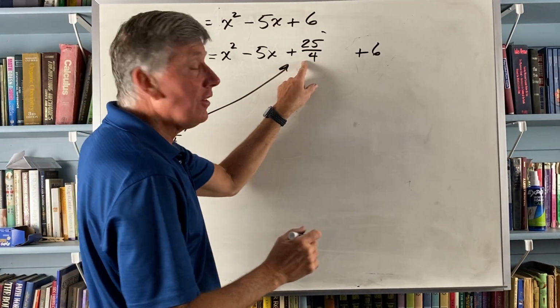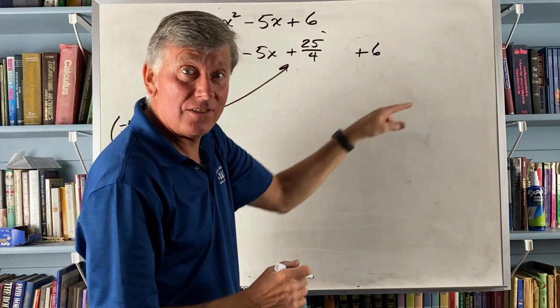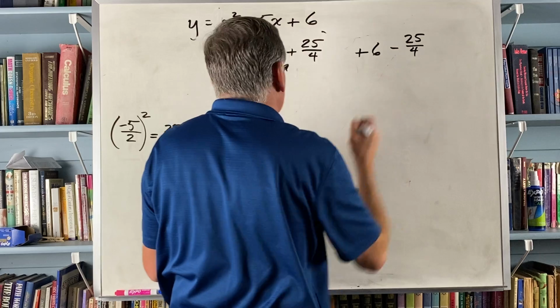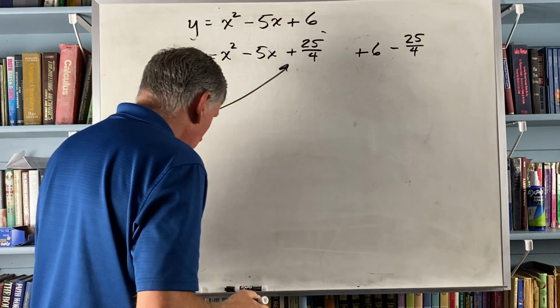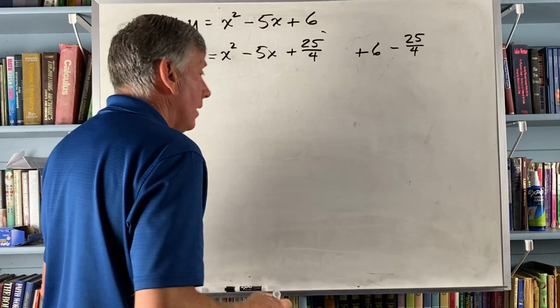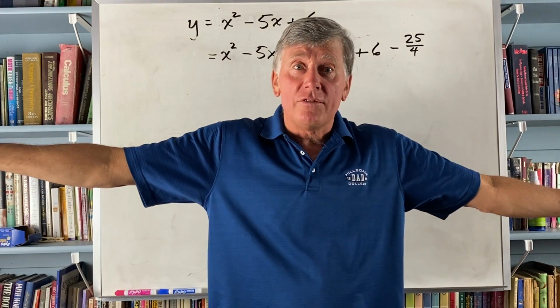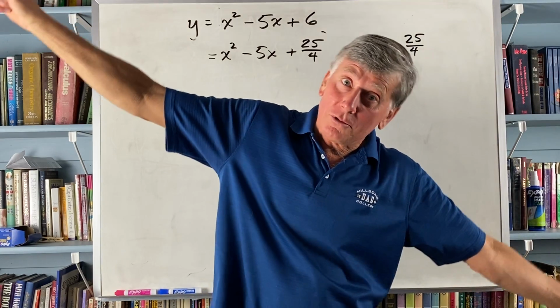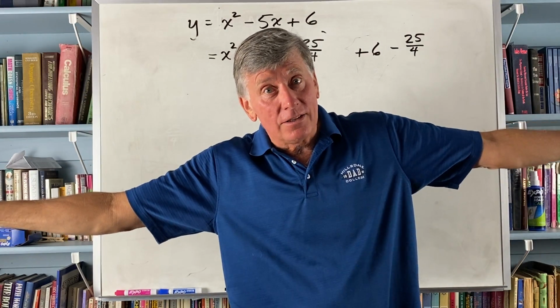But if I add 25/4 here, I need to subtract it over here. When I added 25/4, it was like a scale getting tipped like this. Now I need to subtract it and bring it back.